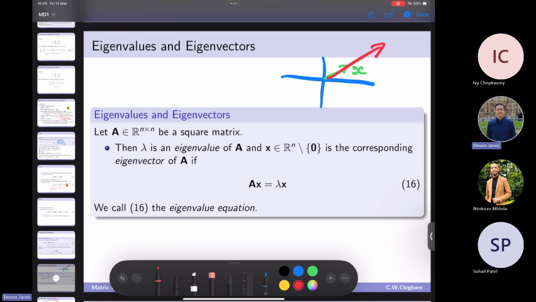What that means is that in that direction, there is no coupling in the system. That direction acts in one dimension. It will only stretch.